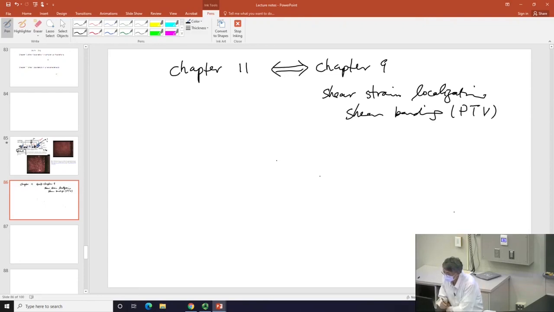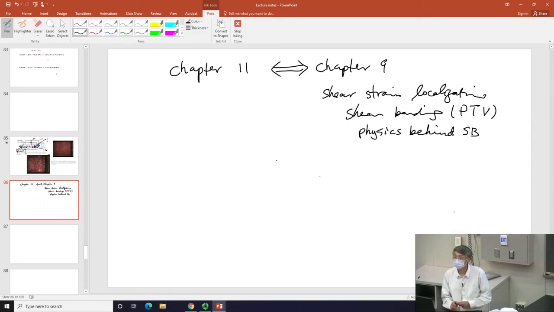And as I indicated, as soon as we had movies showing shear banding, which means we will have to understand why it happens. As soon as we understand the physics behind shear banding, we realize the same physics should occur in extension, which is, you may say, more commonly demonstratable, or easier to demonstrate.